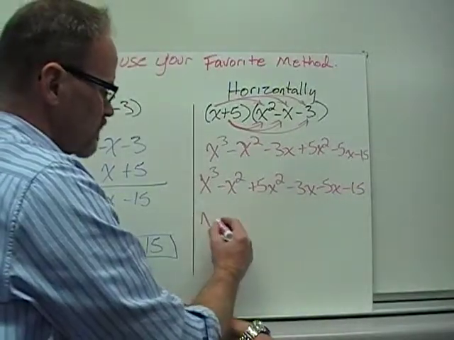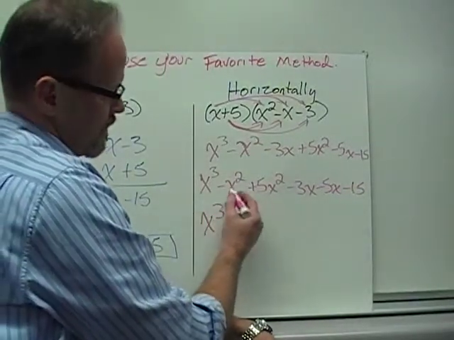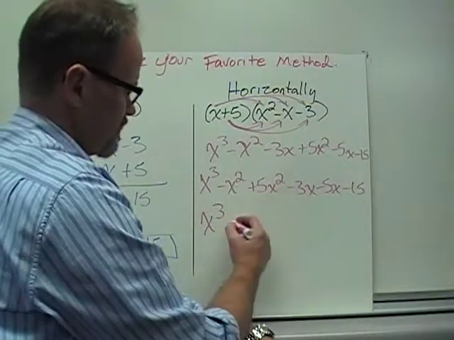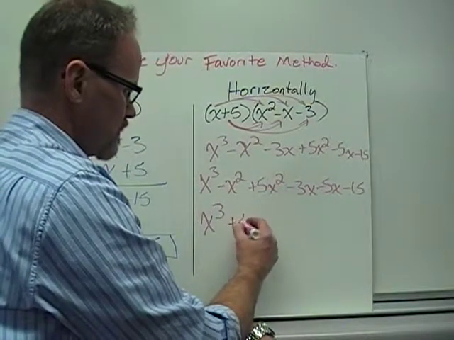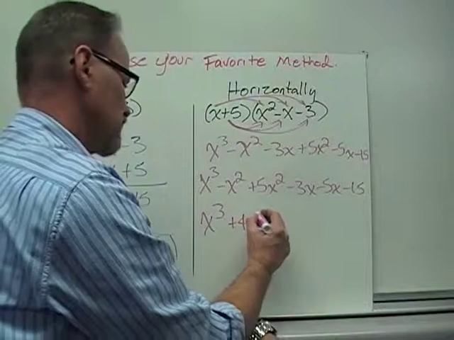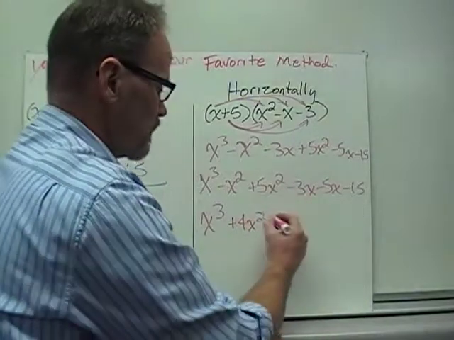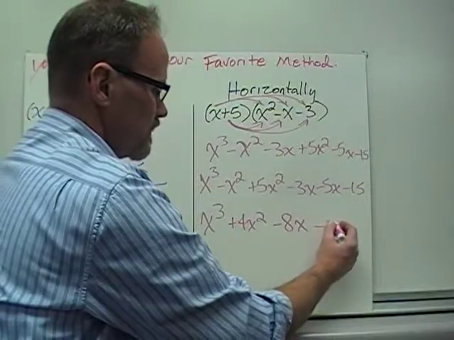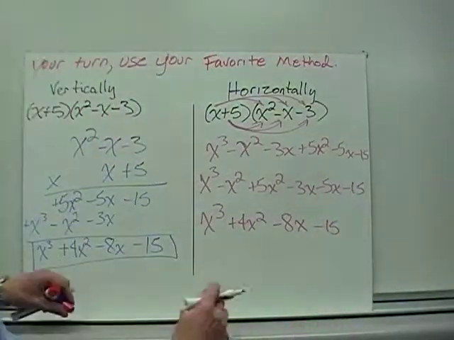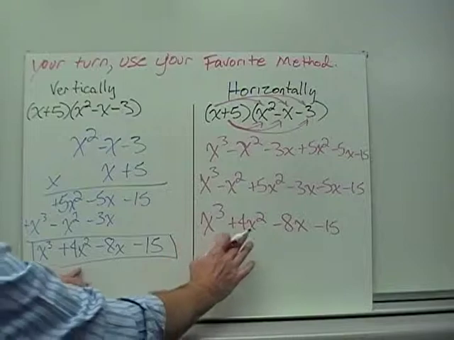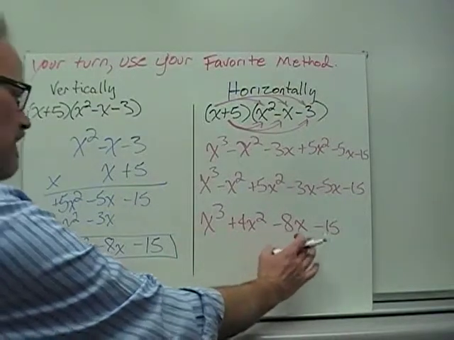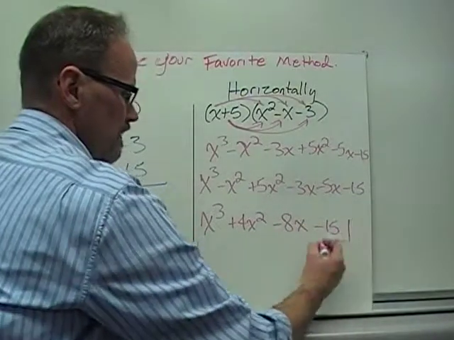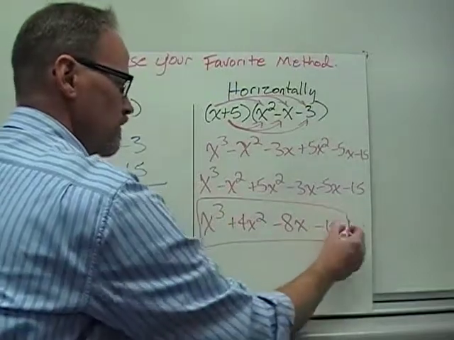Combine like terms, and I still got a positive 4x squared. Combine those guys, and I got negative 8x, and then negative 15. Hopefully they match up. X cubed, positive 4x squared, minus 8x, minus 15. Hey, awesome. No mistakes.